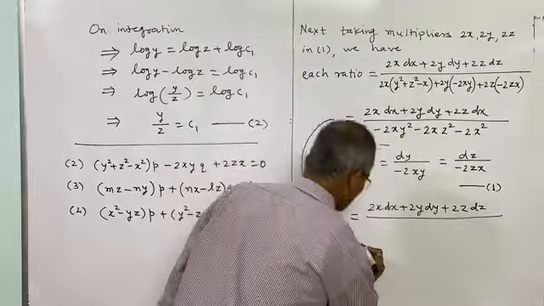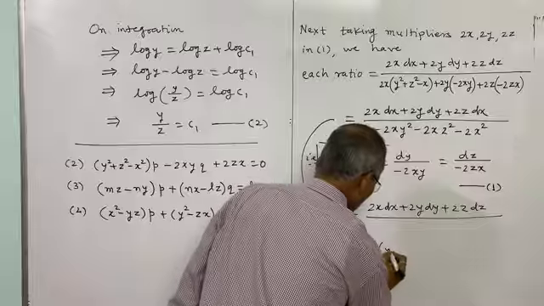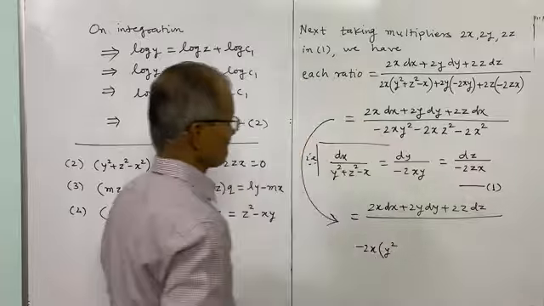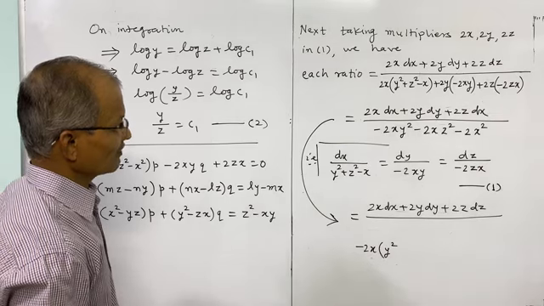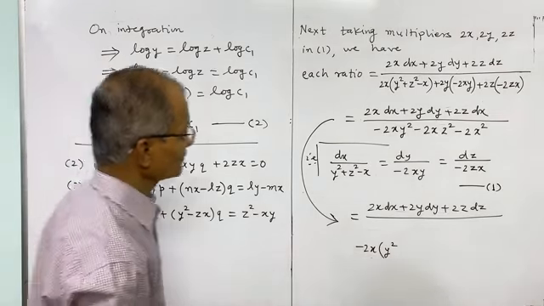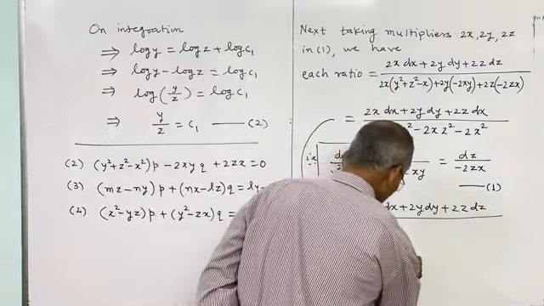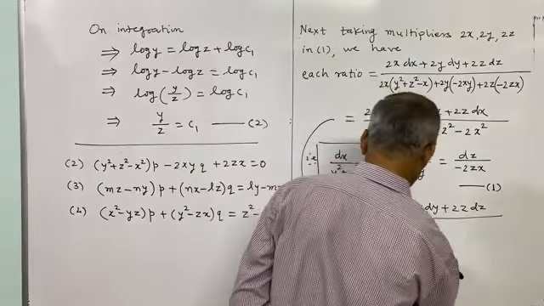So this is minus 2x into bracket y square plus z square, and this is minus 2x square.